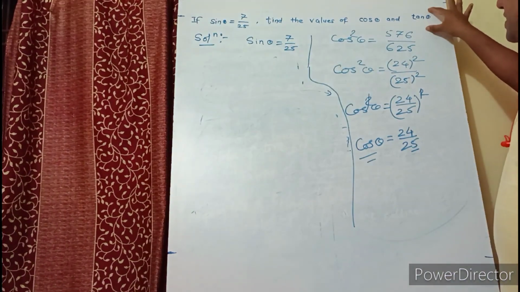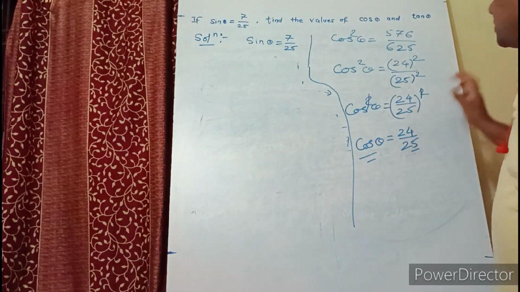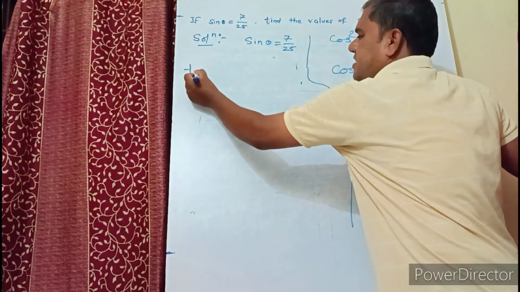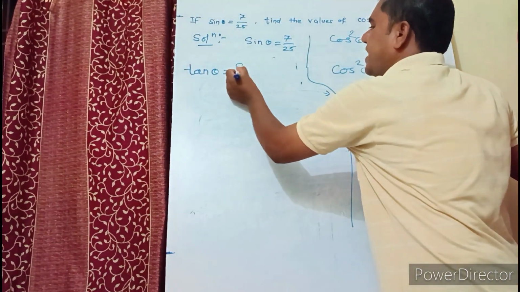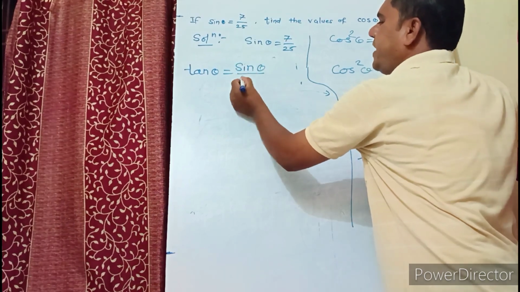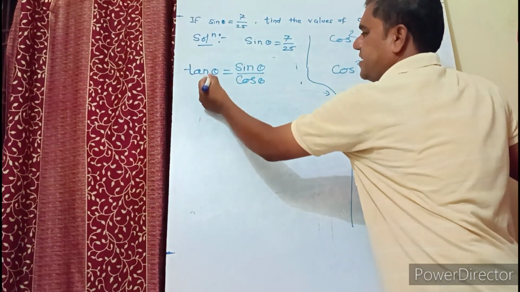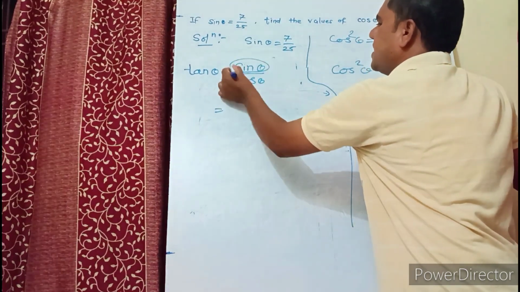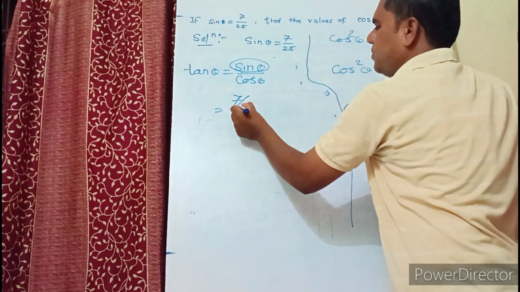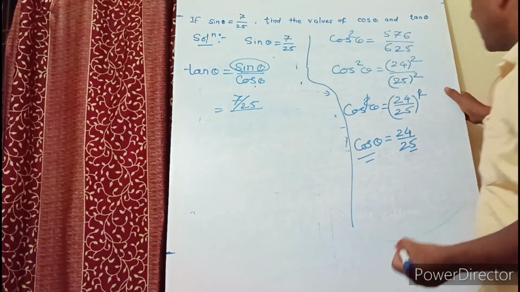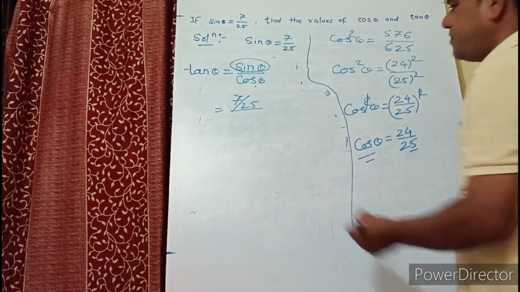We know the formula of tan theta in the form of sin theta and cos theta. The relation is tan theta equals sin theta divided by cos theta. Now this tan theta will be equal to the value of sin theta, 7 by 25, divided by the value of cos theta, 24 by 25.